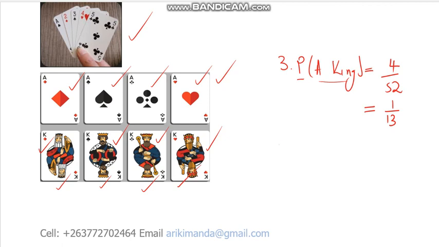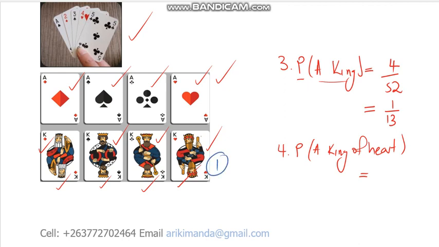And then let's look at number 4. We are to write the probability of getting a king of hearts. This question is different from the one which said probability of getting a king. This one is specific now. It talks of a particular design. How many kings of hearts are there in a deck of cards? We only have 1.